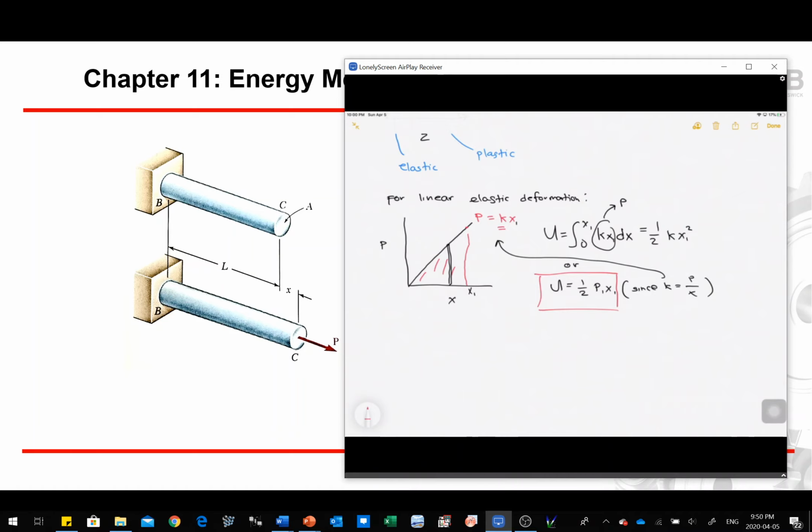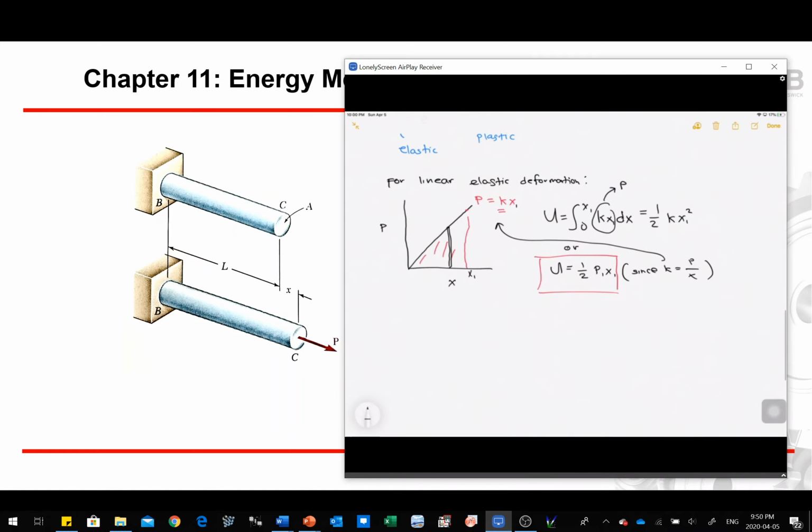So that's the description of strain energy. Now, the second term that we're going to discuss is the concept of strain energy density, which is small u. I'm going to put an underline right here just to note that that's a small u.